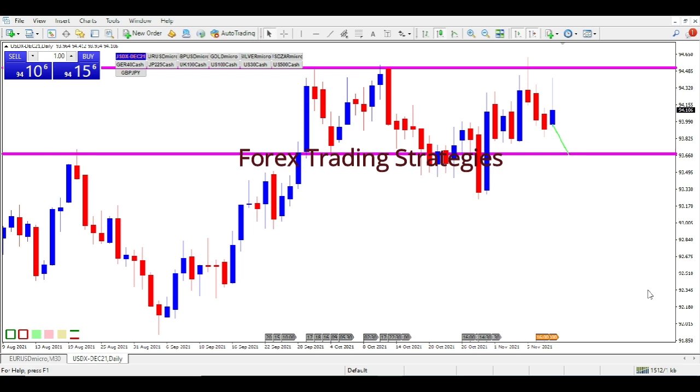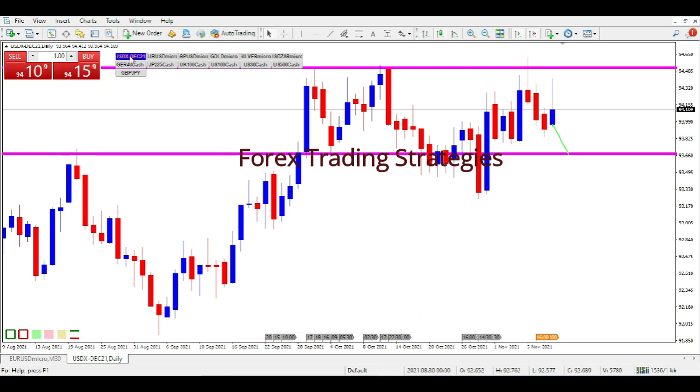You don't necessarily need to crack your head and try to complicate your trading, especially if you are trading dollar related pairs. I said, as an example, Euro USD strongly correlates with dollar index.